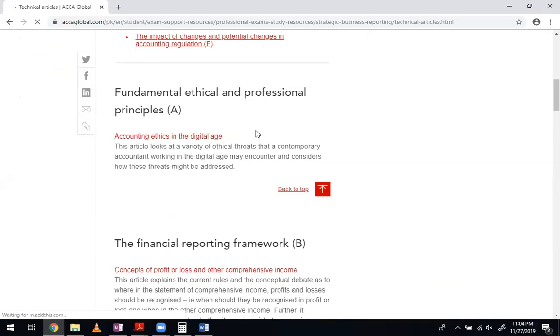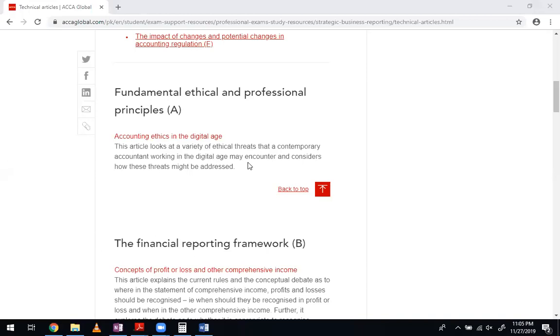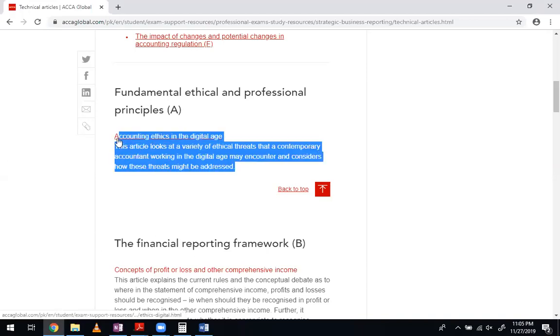In this, the ethical issue, the accounting ethics and digital age, is the most important technical article for the current attempt. So maybe question 2 can include some areas of this. This is a must-do current issue.